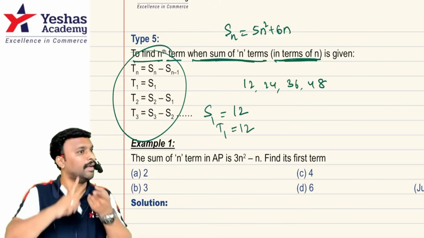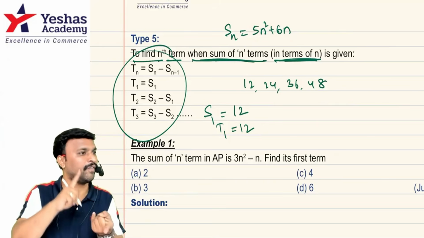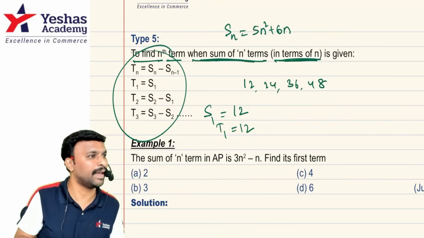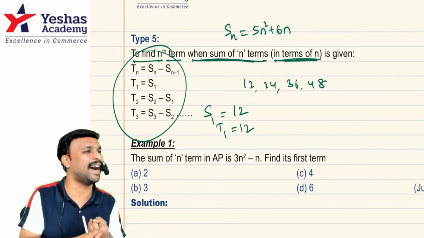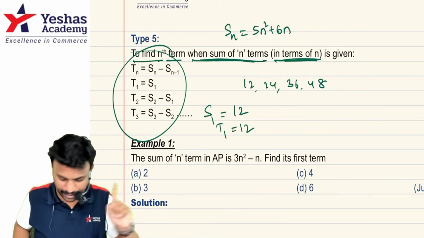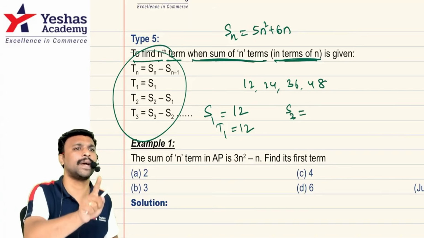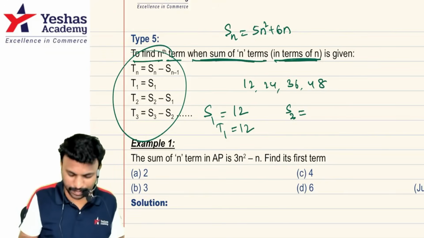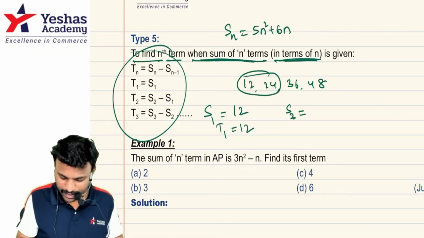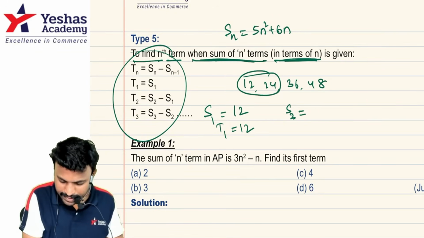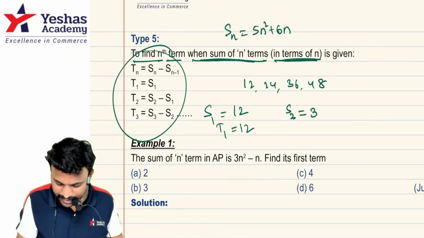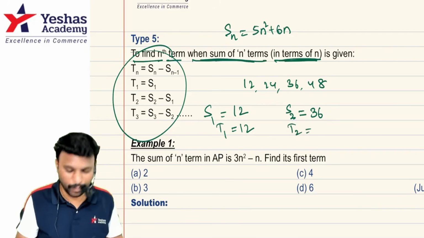The first term and the sum of the first term are the same. S1 and T1 are one and the same. But what if I ask you S2? What do you mean by S2? The sum of the first two terms. What is the sum of the first two terms? 36. Is the sum of the first two terms, 36, the same as T2? What is T2?